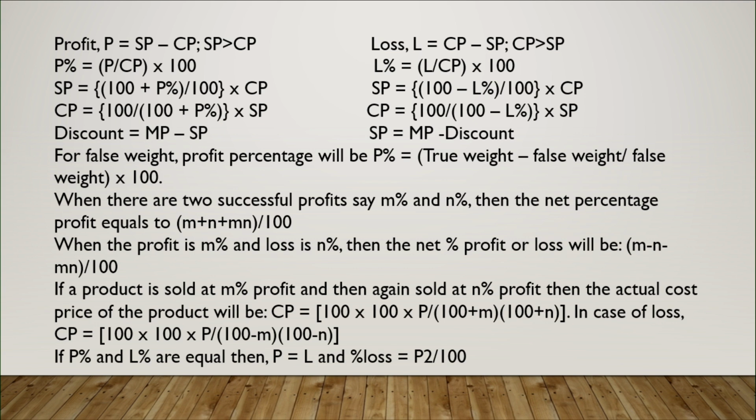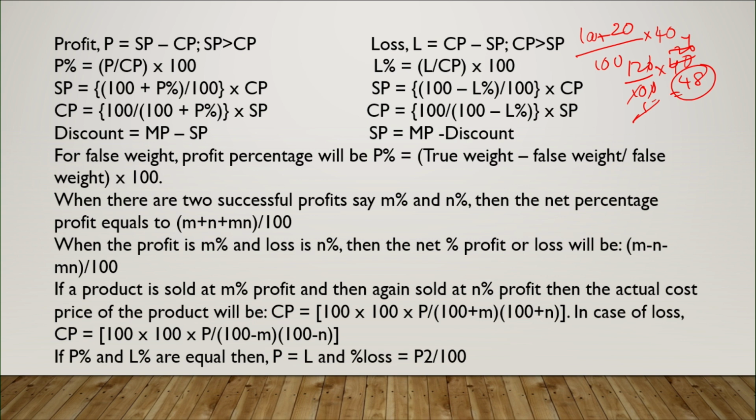For example, there is a 20% profit given, and the cost price is, for example, 40 rupees. Here it is 100 plus 20 by 100, that is 120 by 100 into 40. You can say this 0 gets cancelled, 2 5s are 10, 2 20s are 40... 12 4s are 48.